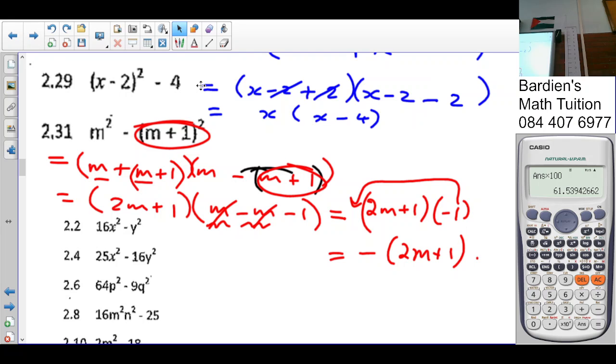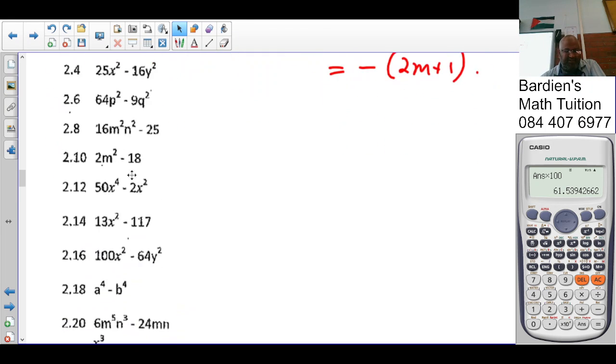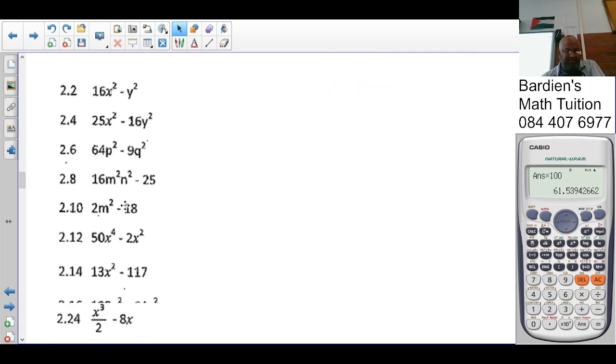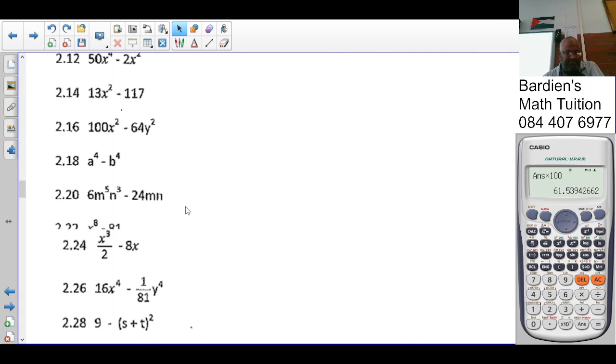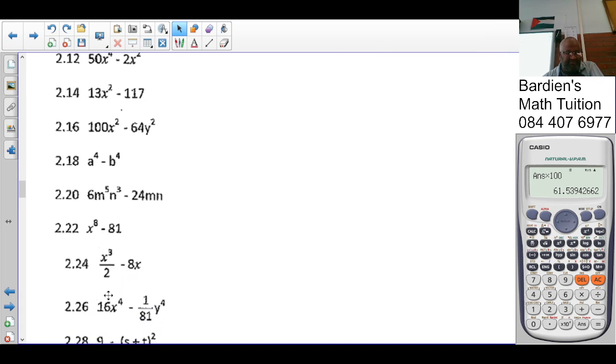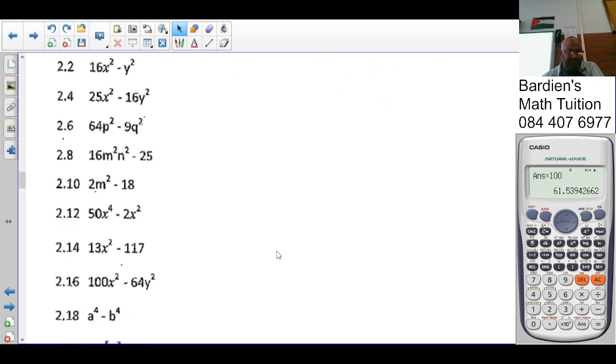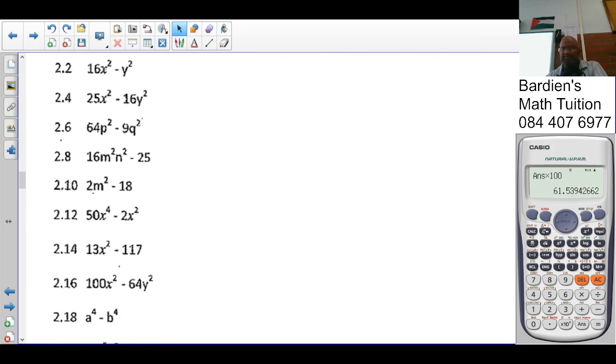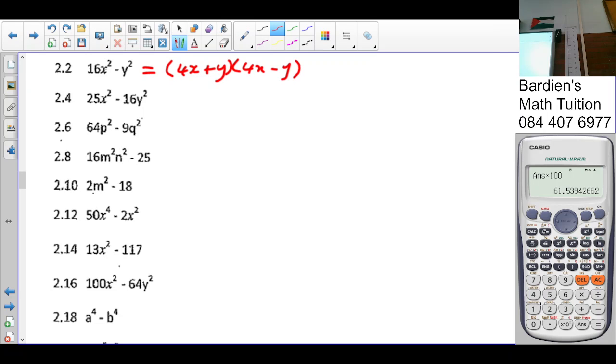Any other confusion here? So let's do the second column. Let's do this together. Let's just call out the answers and I can write them down. Right, first answer: 4x plus y, 4x minus y. The next one: 5x plus 4y, 5x minus 4y.